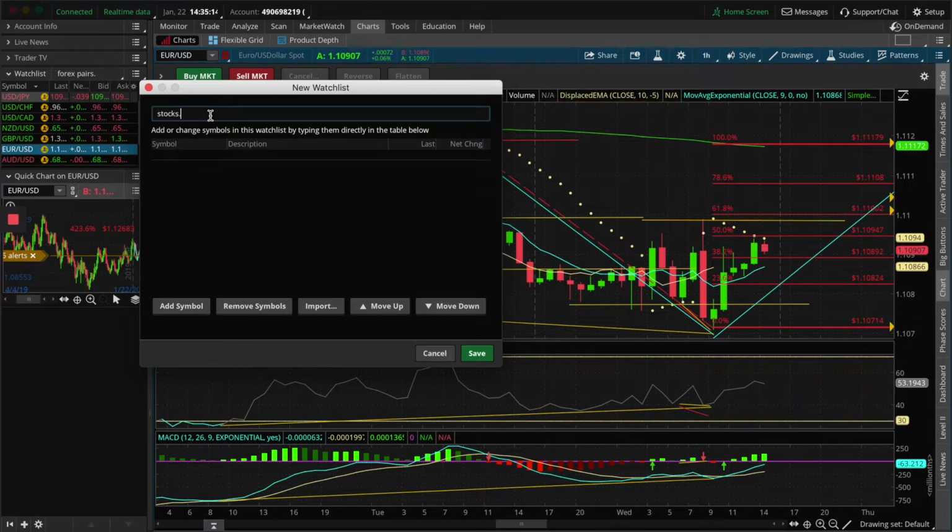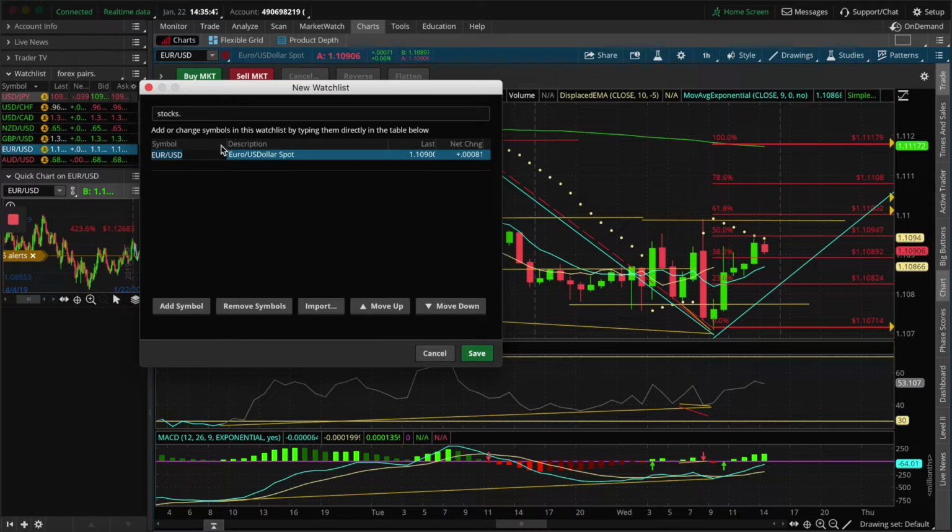So you can do stocks, and you can add the various different symbols. I'm going to do a Forex one here. It'll pop up like that, and that'll be part of your watch list.